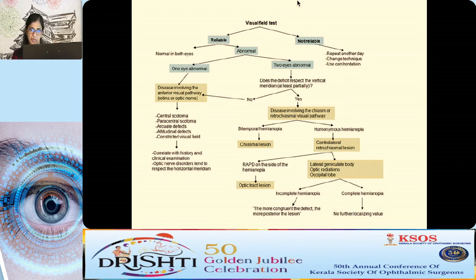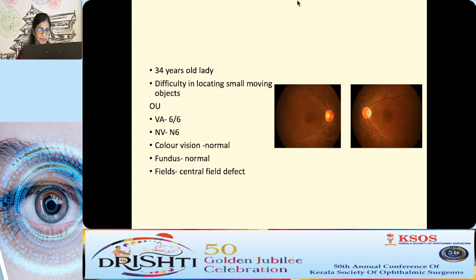If it is bitemporal hemianopia, the lesion is at the chiasmal region. If it is homonymous hemianopia, it is a contralateral retrochiasmal lesion, and the more posterior the lesion, the more congruous the field defect. That's how it helps in localizing the lesion.